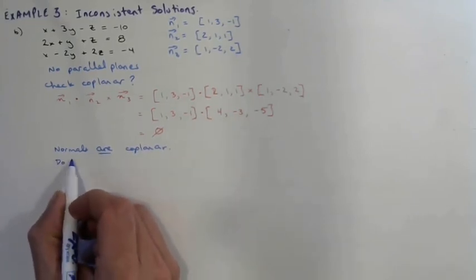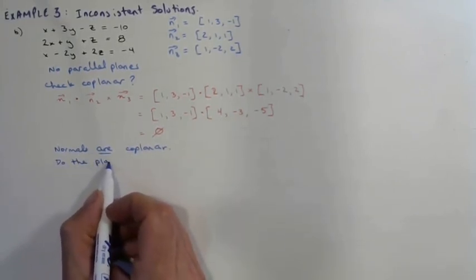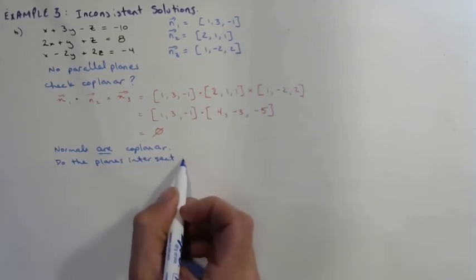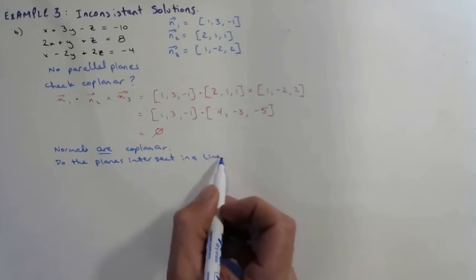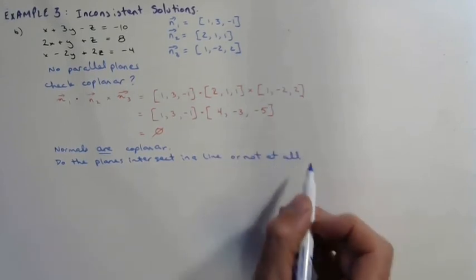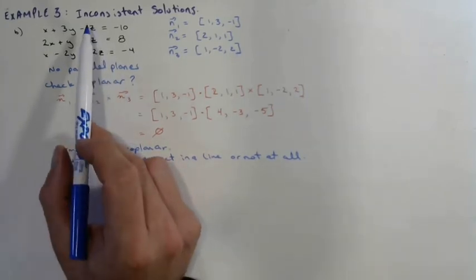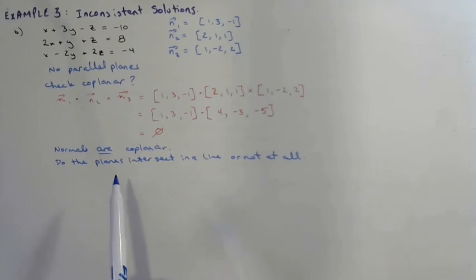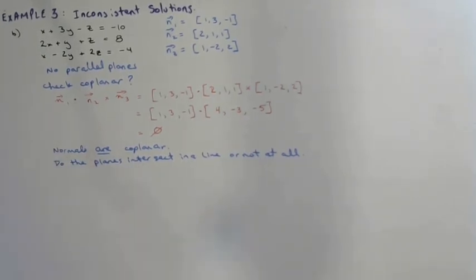So do the planes intersect in a line or not at all? Now we know, because we're going to be dealing with inconsistent solutions in this example, that they're not going to end up intersecting at all. But when you're doing your practice problems and seeing problems like this in assignments, you won't know which option it is.